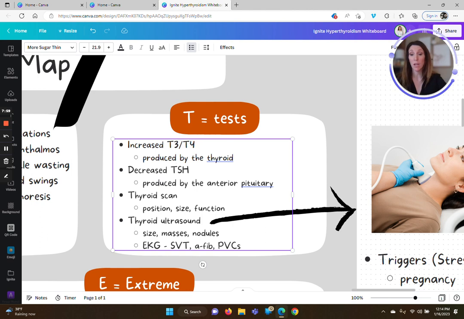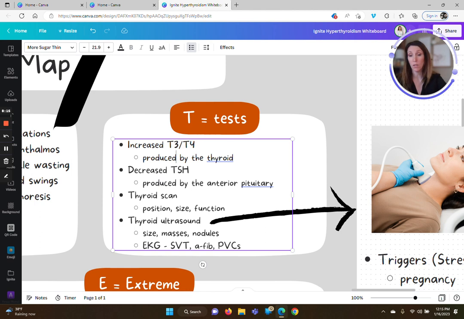They may have a thyroid scan, which looks at the position, size, and function of the thyroid, and it looks at uptake of iodine. It's very complicated.